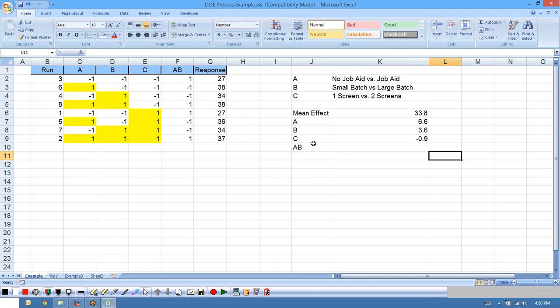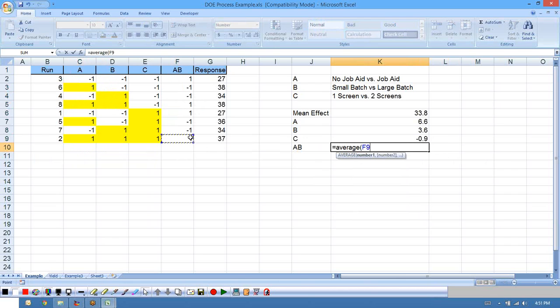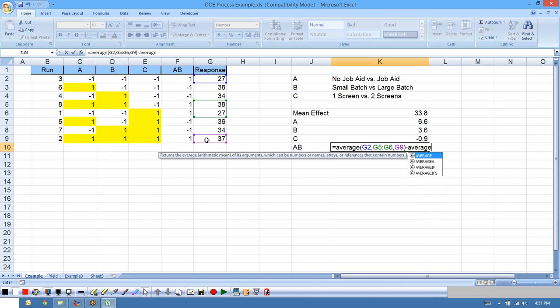We could calculate the AB effect, and that would be equal to the average of, not A or B this time, but the average of all the ones in the AB column, minus the average of all the -1s in that column.